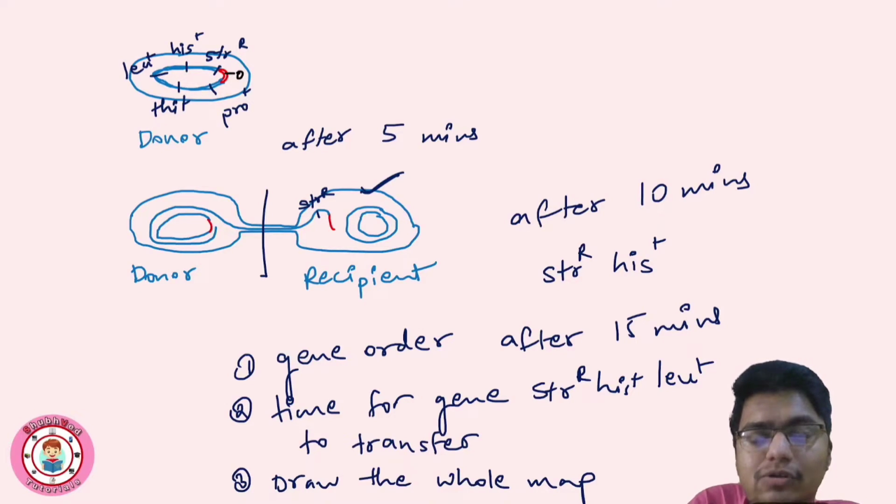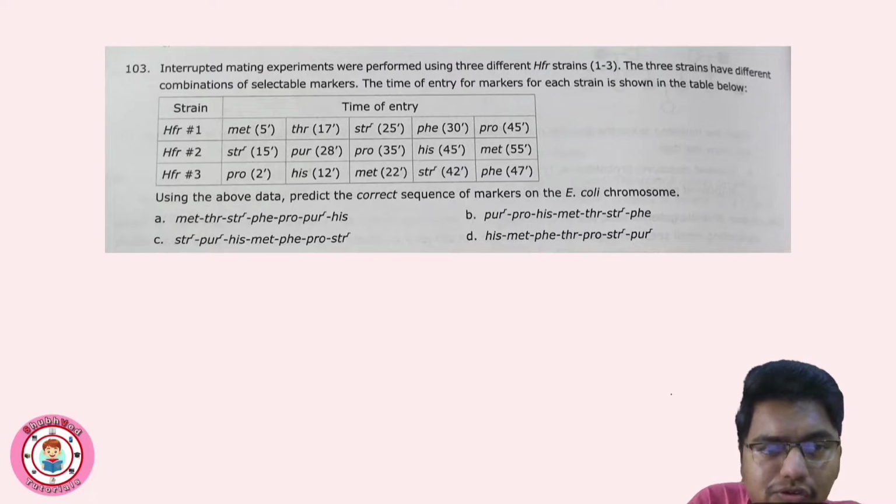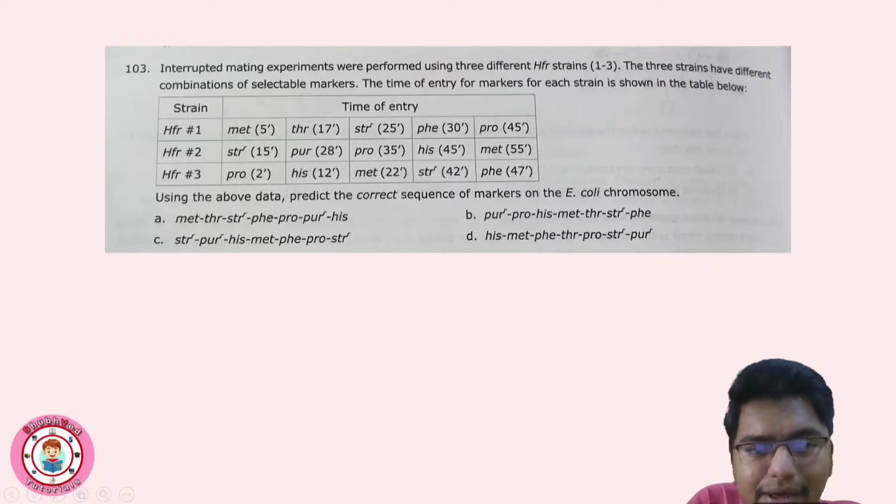So let's see how questions come related to interrupted mating and conjugation. This is the first question. Interrupted mating experiments are performed using three different HFR strains. The three strains have different combinations of selectable markers, meaning genes. The time of entry for markers for each strain is shown in the table below.